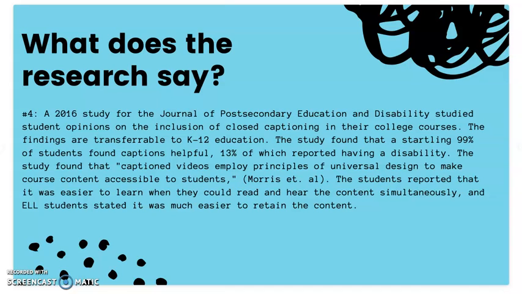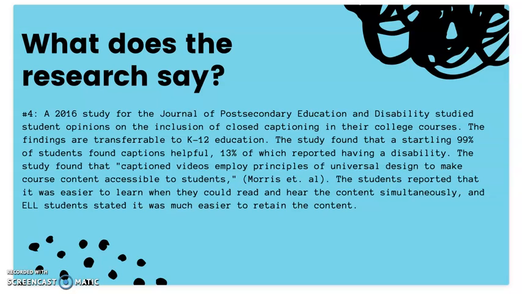Finally, a 2016 study for the Journal of Post-Secondary Education and Disability studied student opinions on the inclusion of closed captioning. The findings are transferable to K-12 education, even though the study was done in a college setting. The study found that 99% of students found captions helpful, and 13% of those reported having a disability.